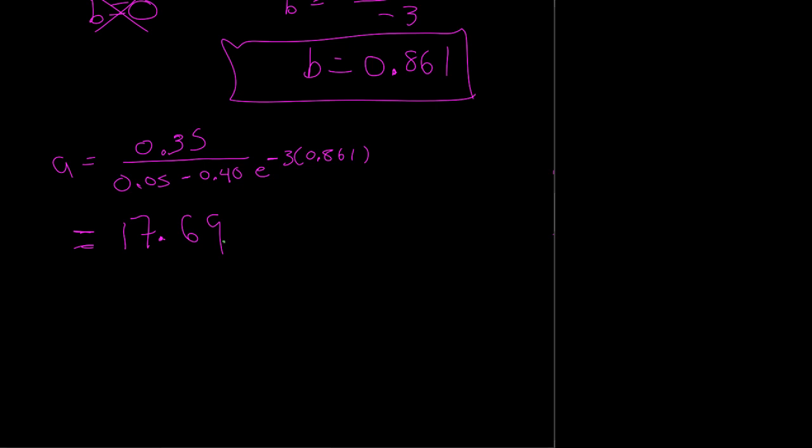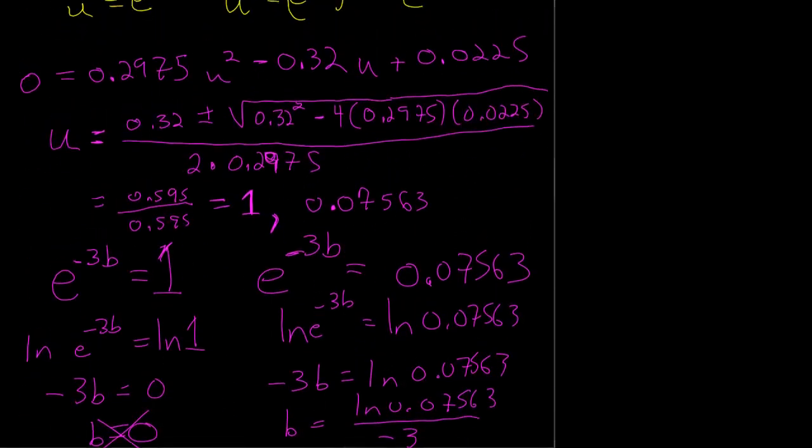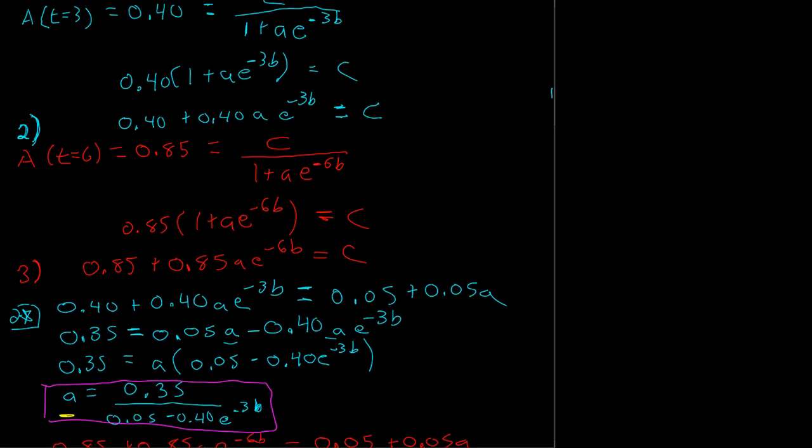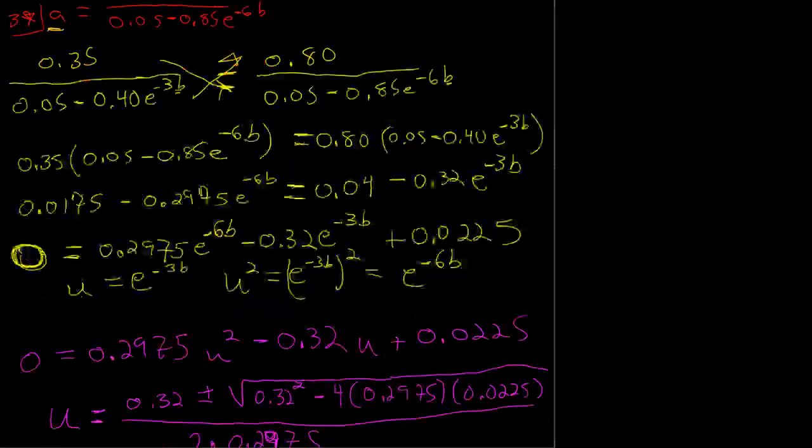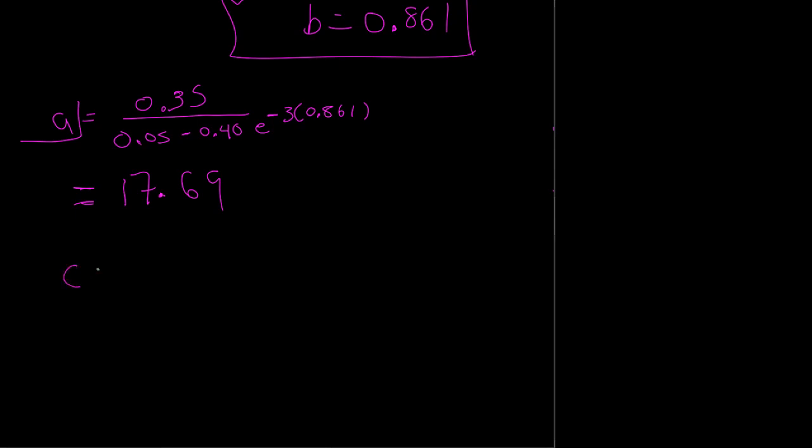So we go through all this work, we get B, and we're one calculator step away. And my word, massive disappointment now. All the work's gone, and we just have to plug in because all the way up here, equation 1 said that's going to be C. So I'll come back down here and go C is equal to 0.05 plus 0.05 times A. And we know what A is.